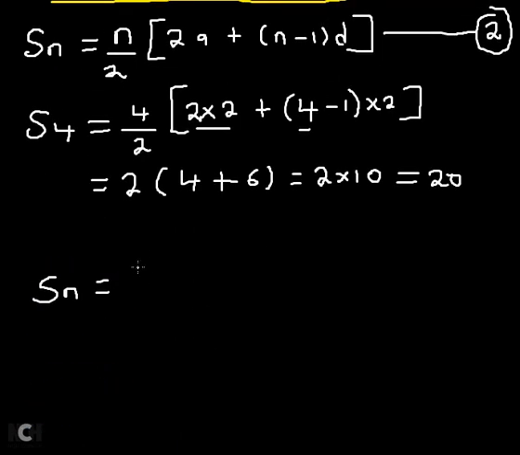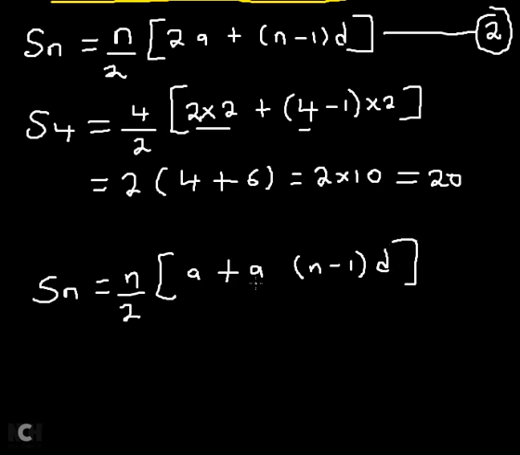We already know that. Now here I have 2a, so I'm going to split it into a plus a. Then, of course, I have n minus 1, then multiply by d.